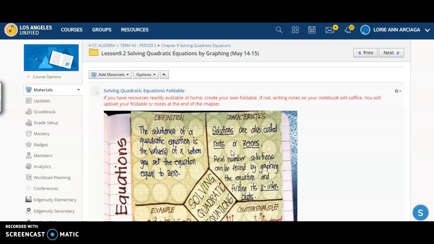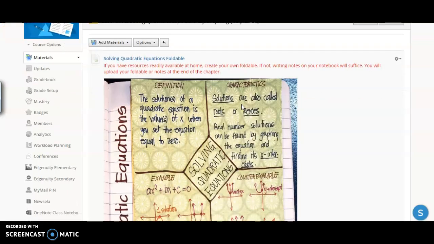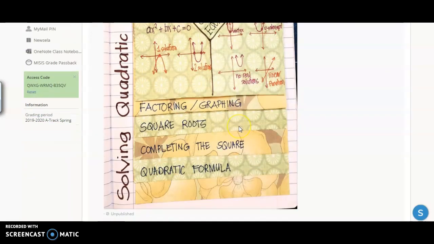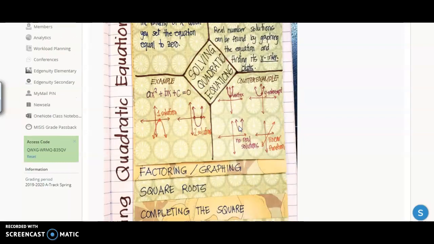So this chapter, our focus is on how to solve quadratic equations, and the very first method that we're going to look at is graphing. So I thought of creating this foldable. I know I'm missing making foldables in the classroom already.